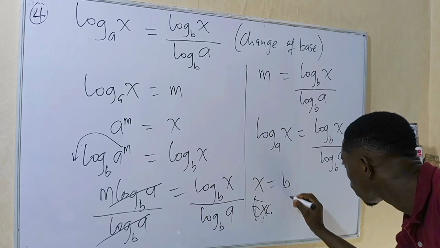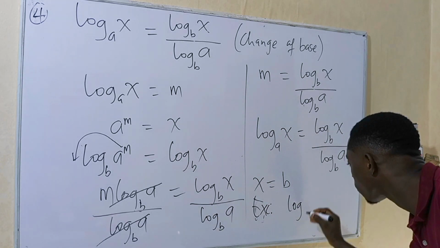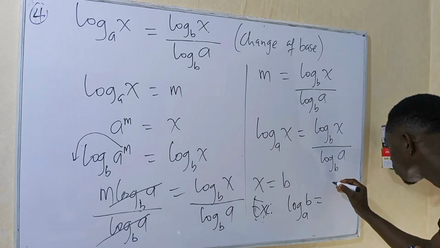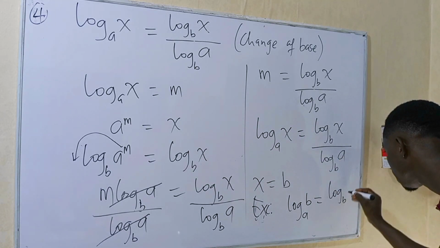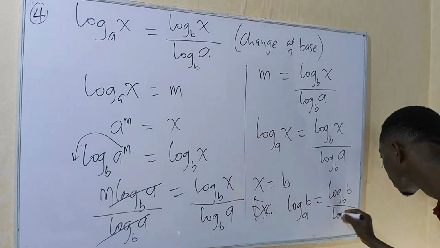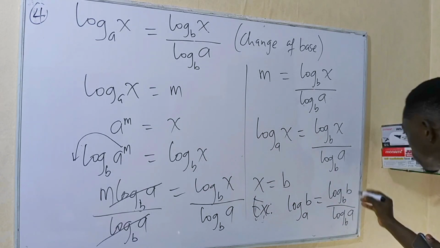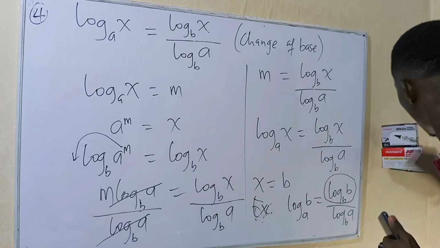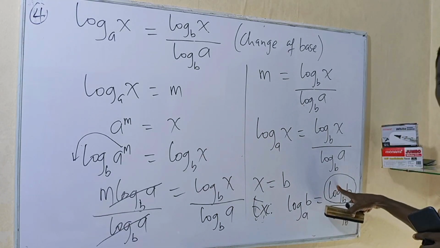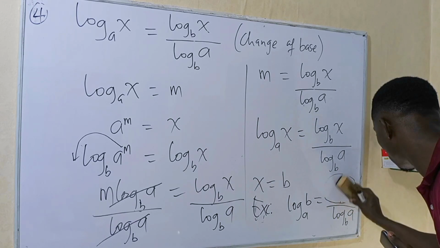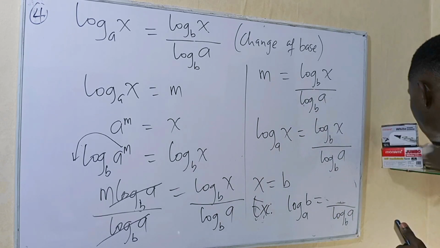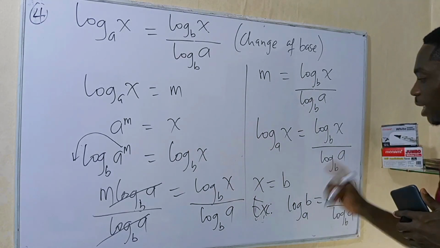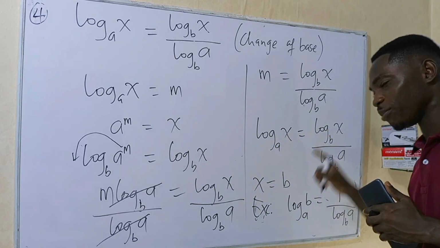So when x is equal to b, we're going to have log base a of b, and this is equal to, of course, log base b of b, all divided by log base b of a. And we see that the whole of this right here will be 1. That is the exception. So I'm going to get rid of this and replace that with 1 so that the exception will be clear for us to see. So here we are going to have only 1 divided by log base b of a. That is when x is equal to b.